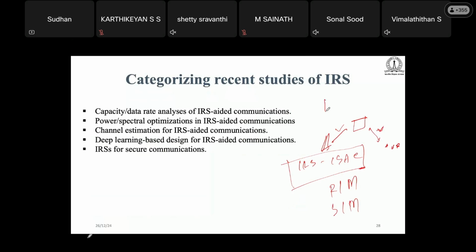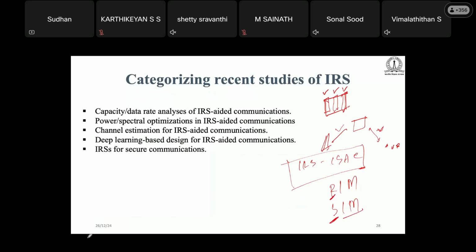Here we have only one IRS, but in the stacked version there will be many IRS: this is one IRS, this is a second IRS, third IRS. Now, if you combine all these IRS, what kind of advantage or disadvantage will you get?